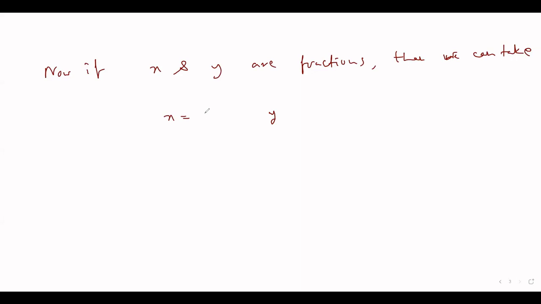So x can be written in the form p dash by l, say for example, and y can be written in the form q dash by r. But then again, we can just multiply by common factors to both numerators and denominators so that the denominators of x and y match.